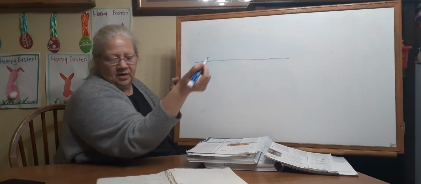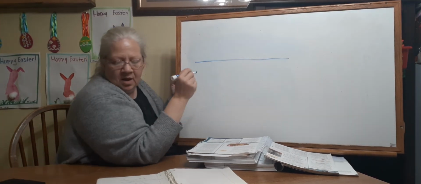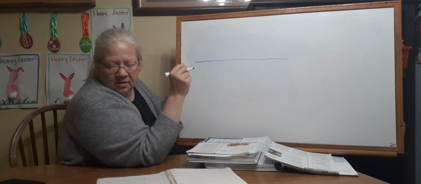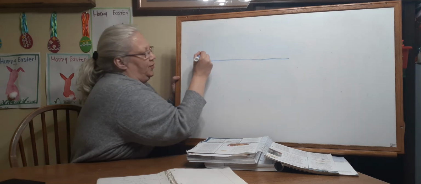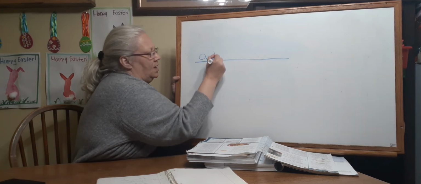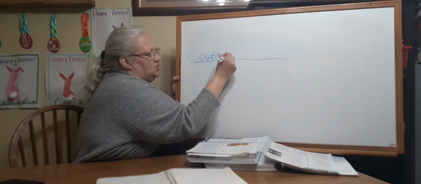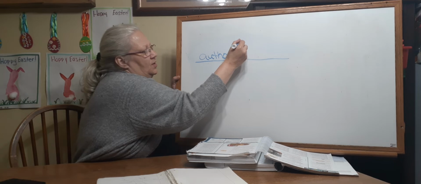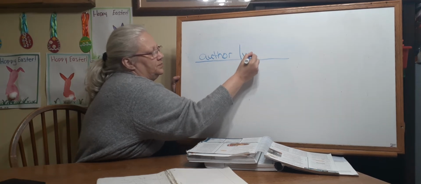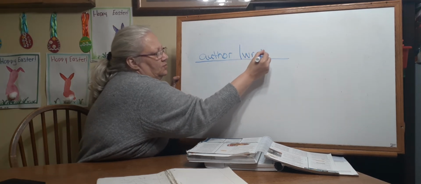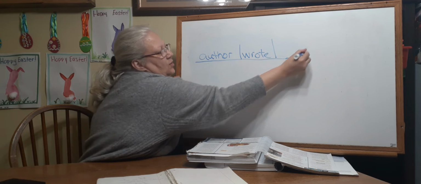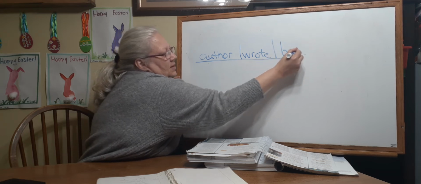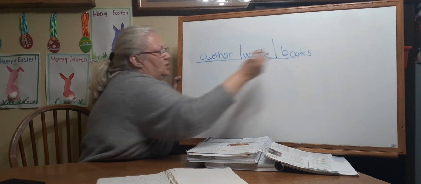Of course, you can write a lot straighter than I can. And the subject is author. I'm not going to go into direct objects, indirect objects, or anything of that right now. I'm just going to go into nouns, okay? The author wrote, and what did the author write? He wrote books, okay? But let's take a look at these.